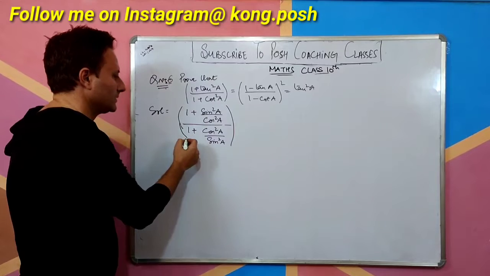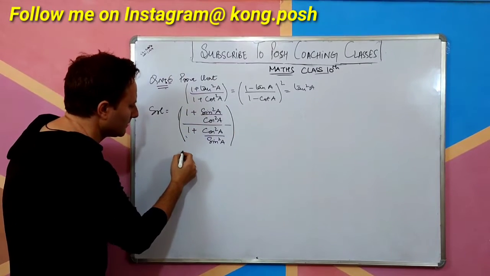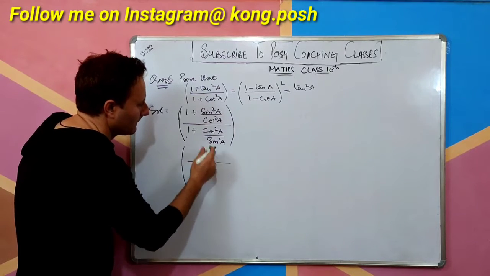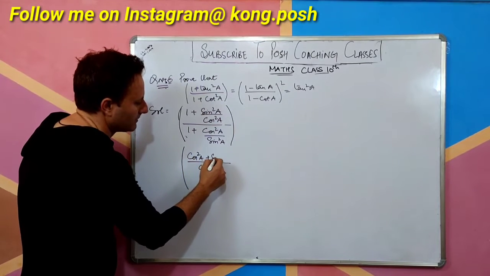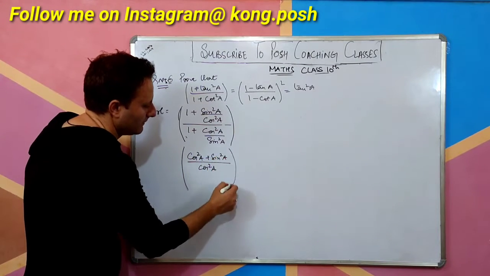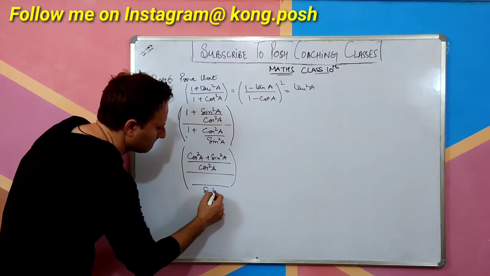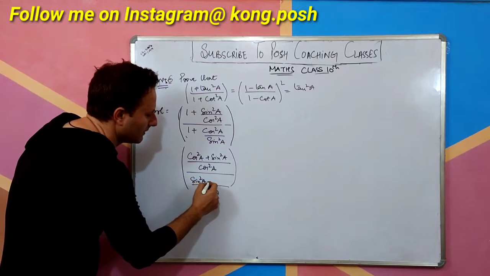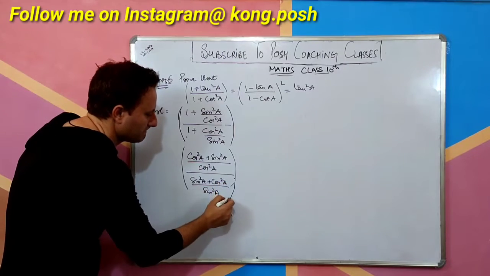Clear? Okay. Now I'll take the LCM. It is cos square A. Cos square A into 1 is cos square A plus sine square A. Then I have LCM sine square A. Sine square A into 1 is sine square A plus cos square A. Right?